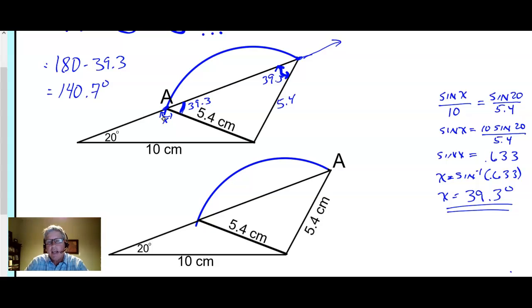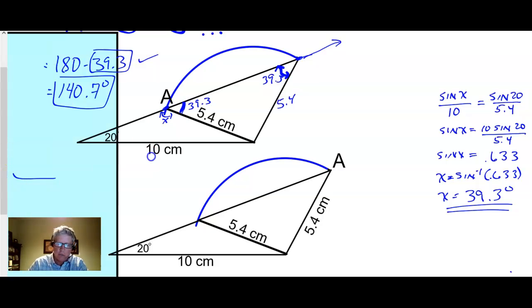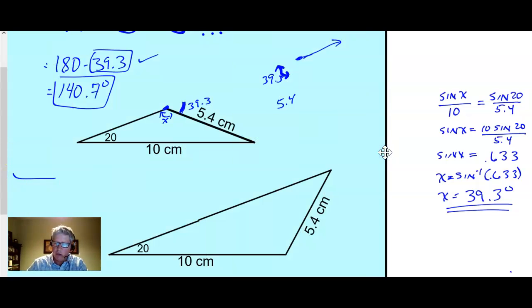So angle A has two possibilities. It is 39.3 or 140.7. Your calculator will always give you the smaller one first. If I had asked you to solve this triangle and solve for this angle, you would have gotten 39.3 and walked away and said, I'm done.